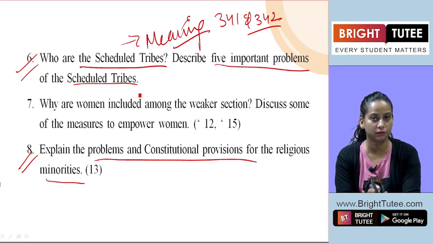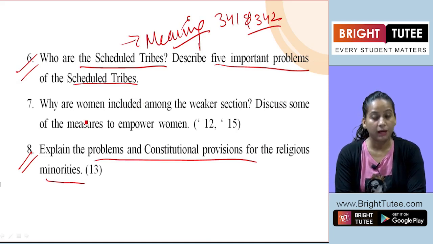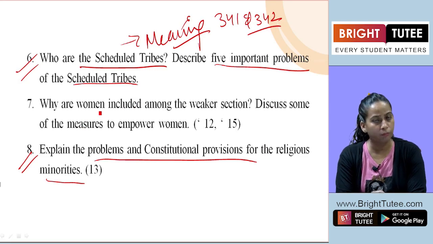And among the most serious problems related to these minorities, we can mention the first one is protection of their identity as a religious or linguistic group. The second problem we can mention, discrimination by the majority in social, economic and political affairs. And we can also mention why the problems are arising related to these minorities: that is because of their numbers.